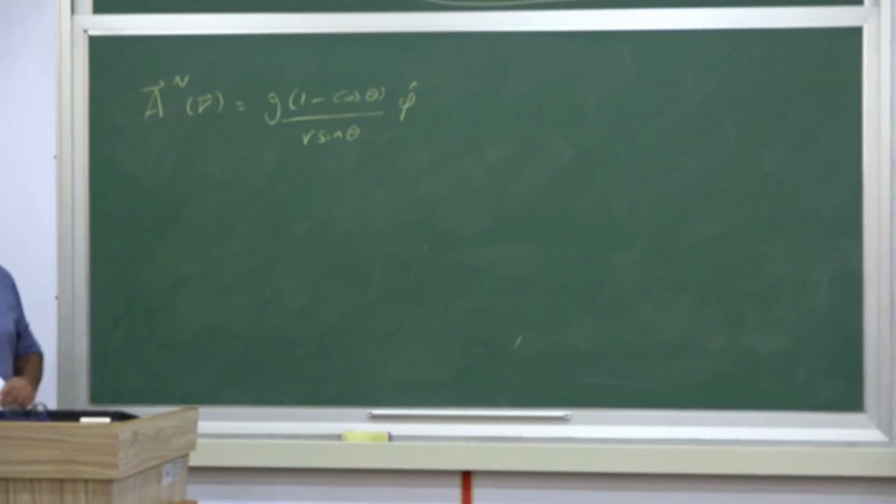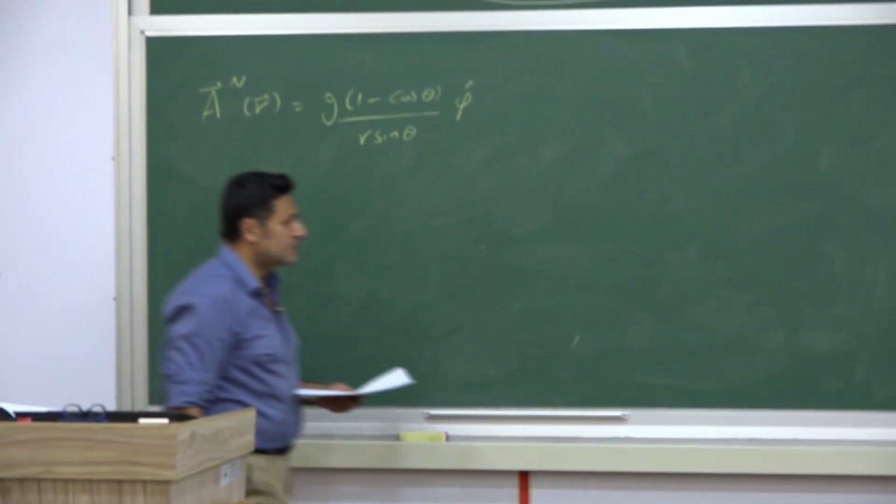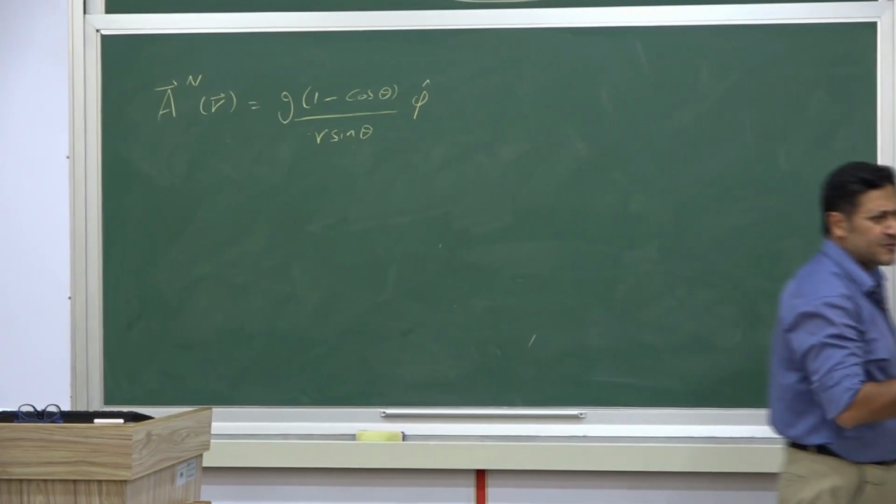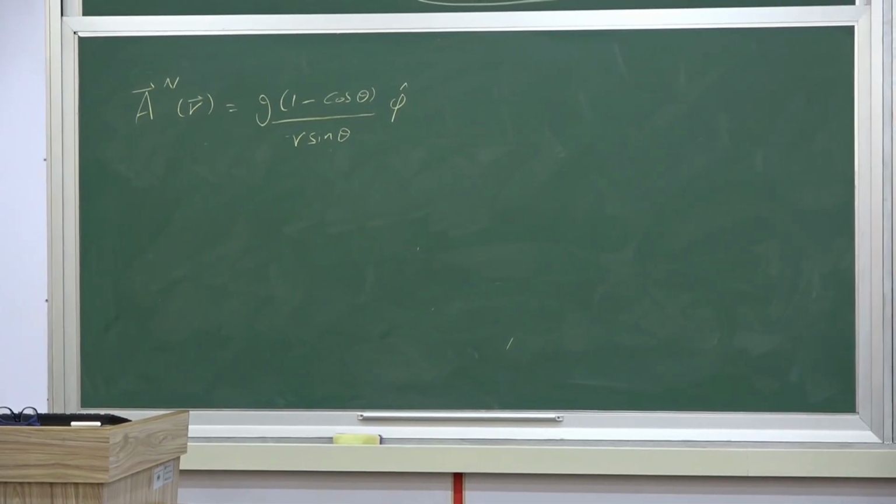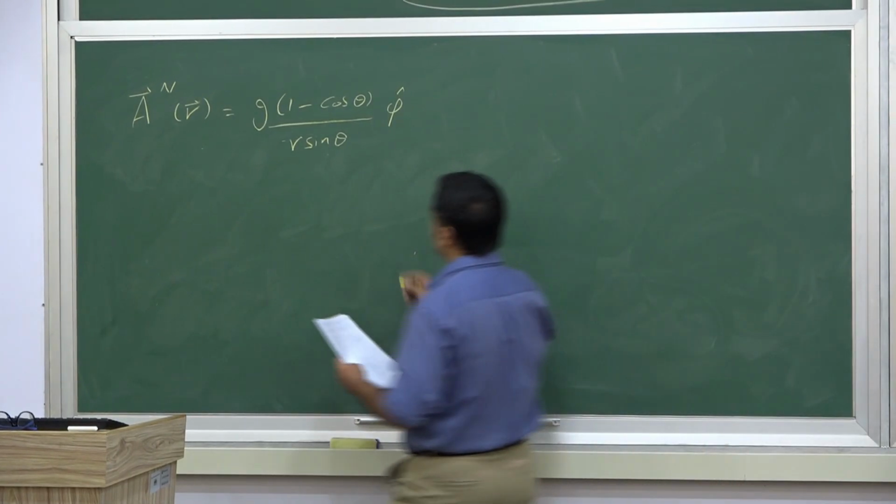So this is the vector potential in the North Pole. By the way, I don't need the scalar potential because I'm just considering the magnetic field, and the magnetic field does not depend on the scalar potential.